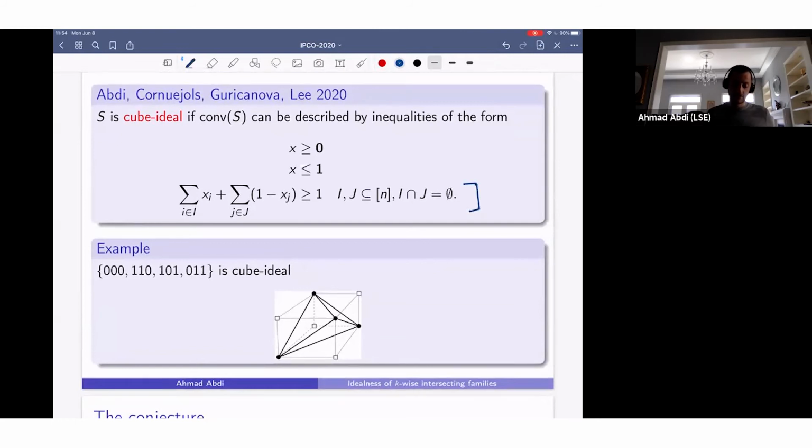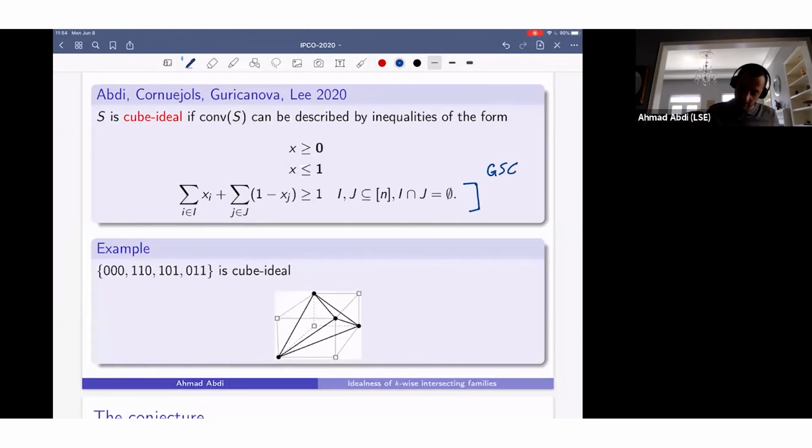So what's happening is in the cuboid world, we have set covering inequalities in the 2n-dimensional space. But when we go back to the n-dimensional space, we don't see a difference between 0 and 1. So we need to be able to allow both x_i and 1 minus x_i. So we're looking at so-called generalized set covering inequalities.